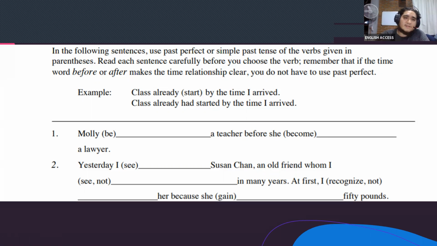So, well, we're not in that. So let's begin with these two sentences, okay? Number one: Molly be a teacher before she become a lawyer. What do you think is the correct tense in this case?